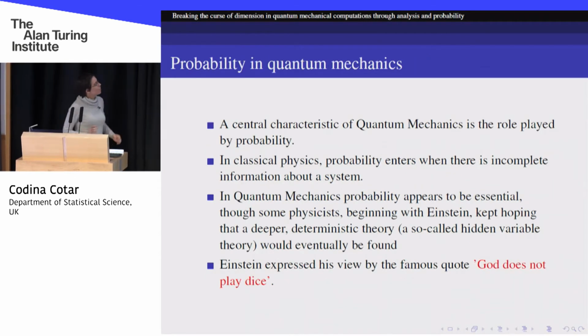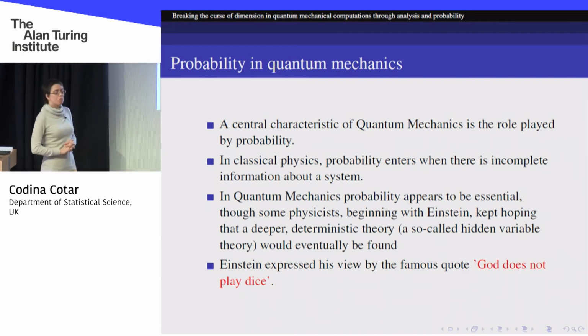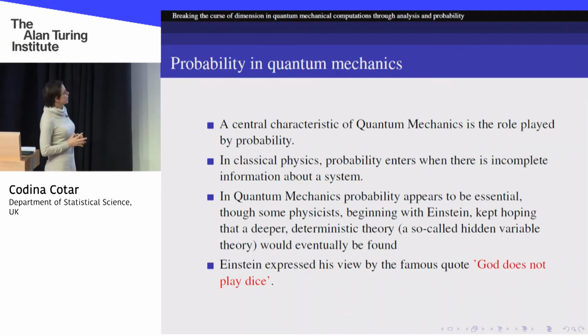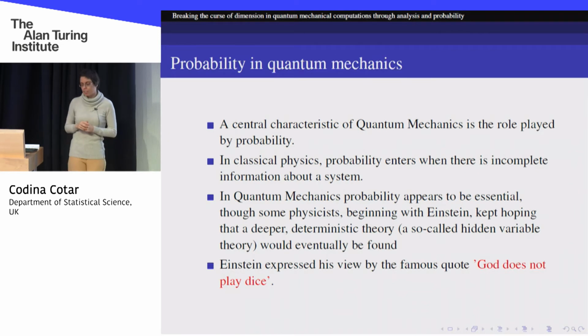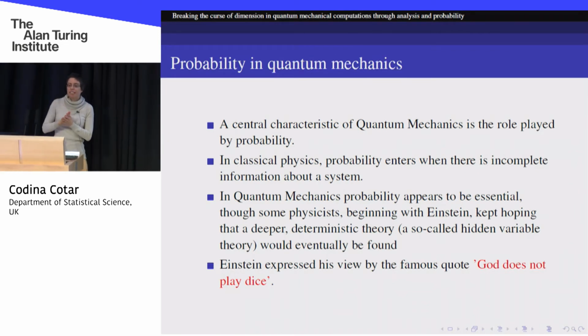Okay, so now I'm going to tell you a bit about how probability appears in quantum mechanics and how it plays a very central role. In classical physics, of course, probability plays a role, and it enters when you have incomplete information about a system. However, in quantum mechanics, probability theory is essential.